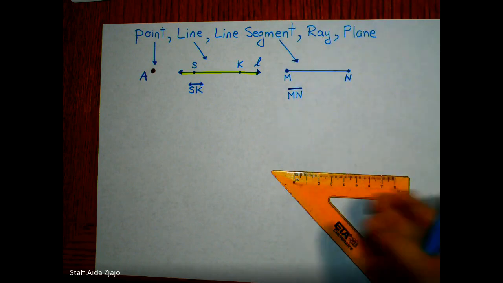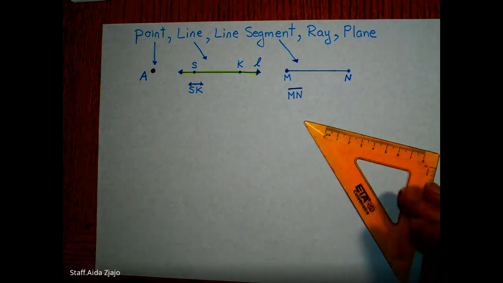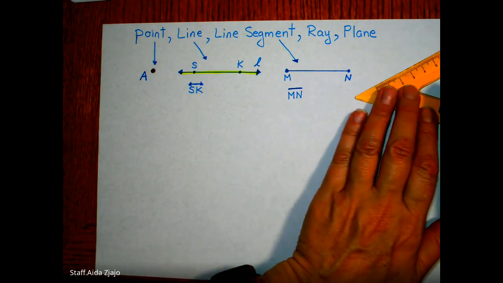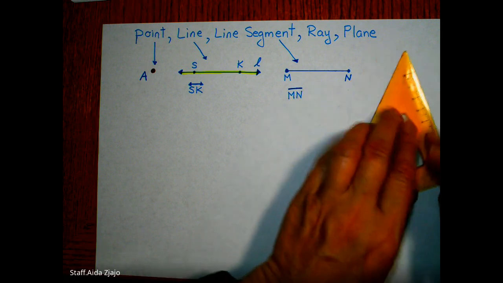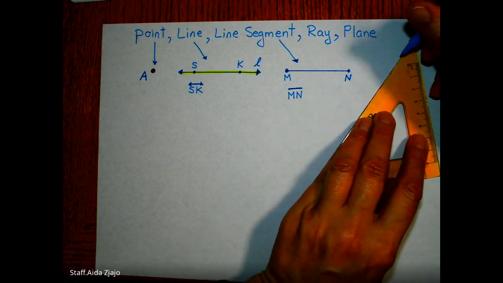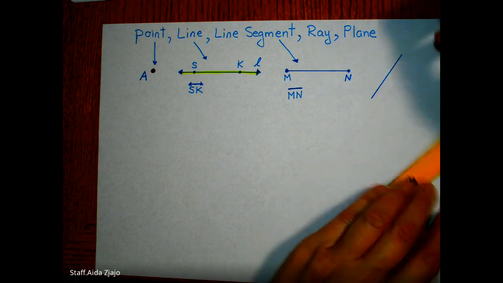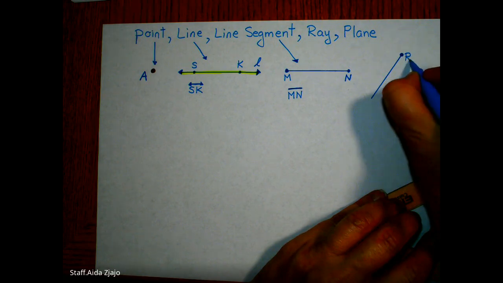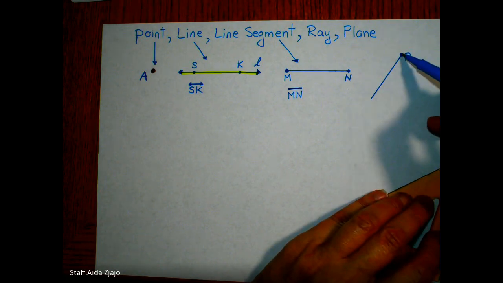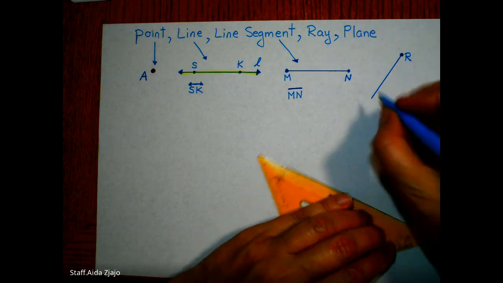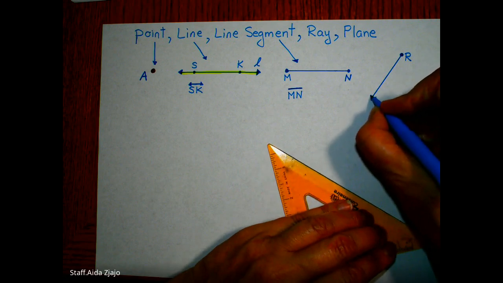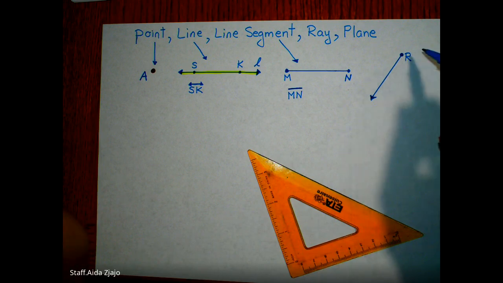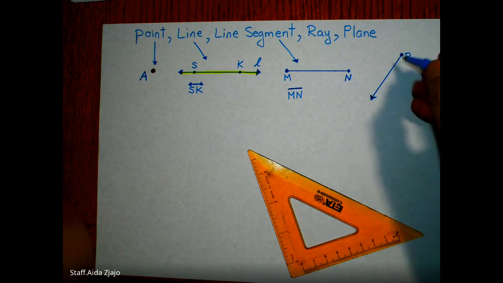Okay. Now a ray has a start. For example, I'll do the ray pointing down. So it starts right here. It could be R, letter R for ray, and that is the beginning of the ray. And the ray never stops on the opposite side. We can also have another point on our ray.